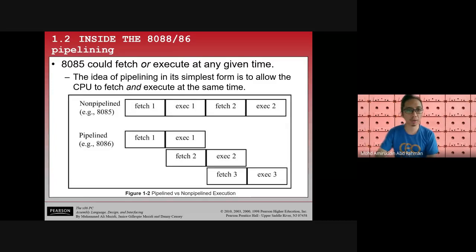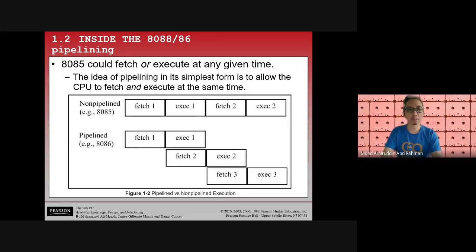So it's called non-pipeline. The operation of the microprocessor involves fetch and execute, fetch and execute. Without pipelining, the fetch and execute is done until the complete process is done, and only then is the next fetch and execute continued.